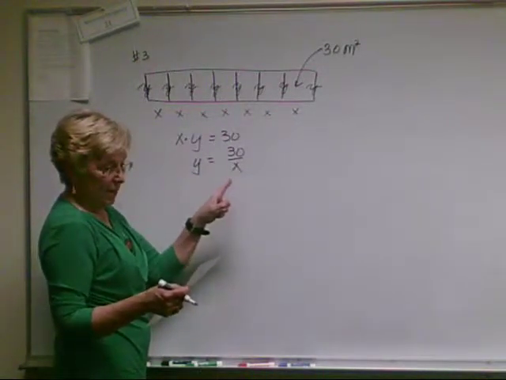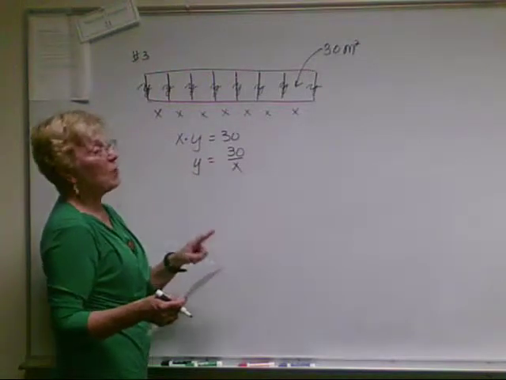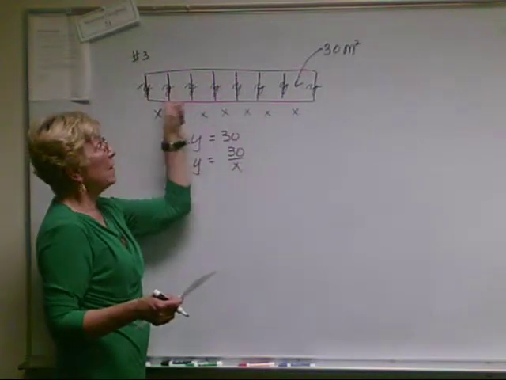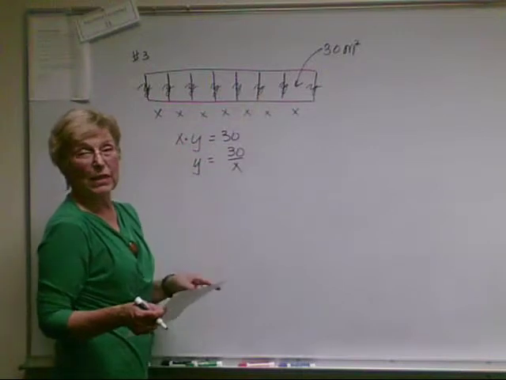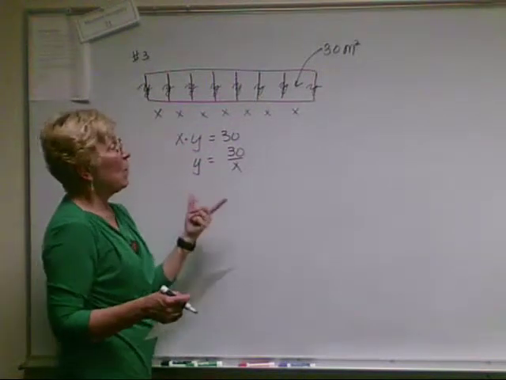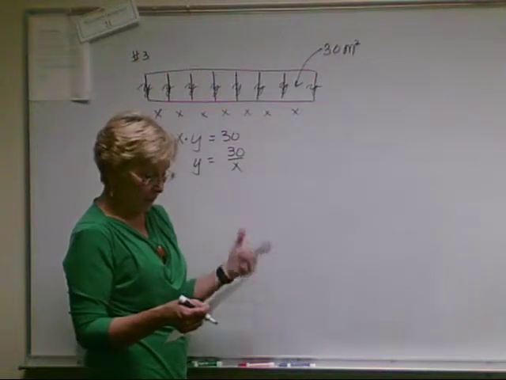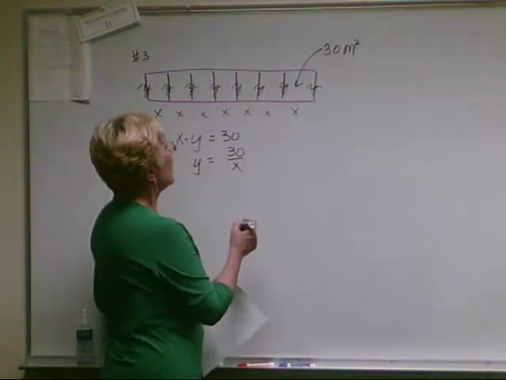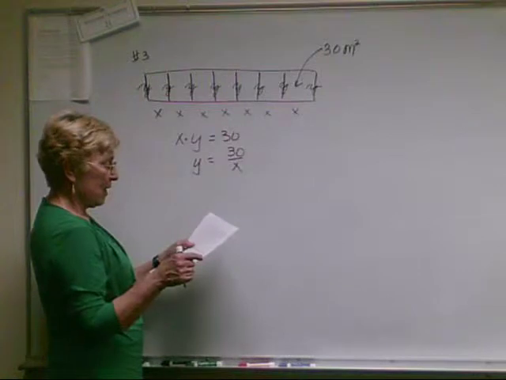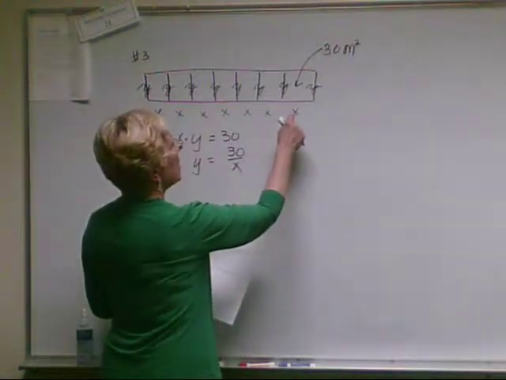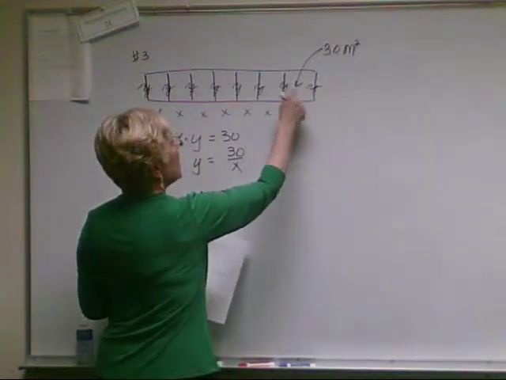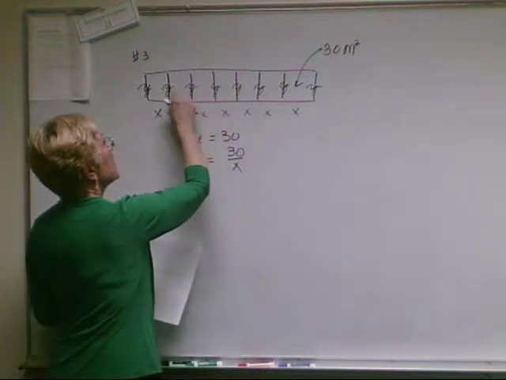Because I want to write a formula for perimeter indicating all the fencing I would need, and I want to minimize that function, so I use the smallest amount of fencing possible. So to get the fencing, I know that I'm going to have these y's, 1, 2, 3, 4, 5, 6, 7, 8.